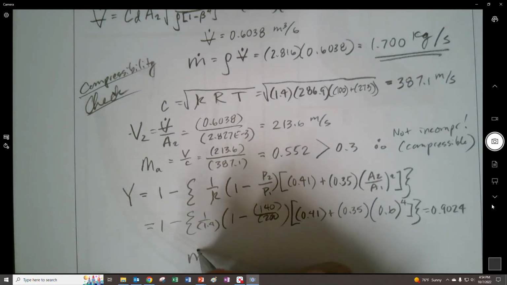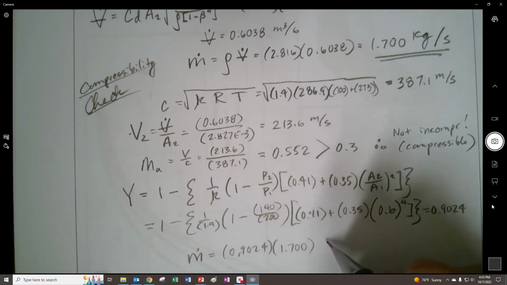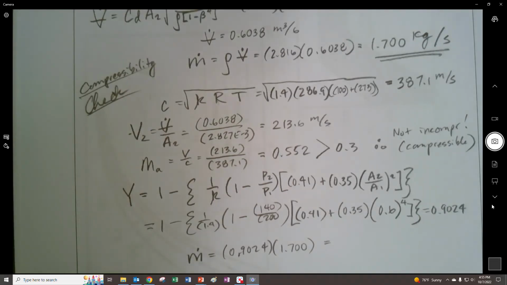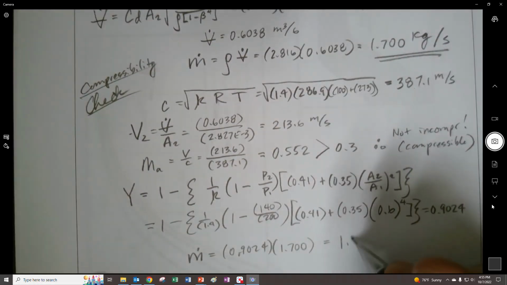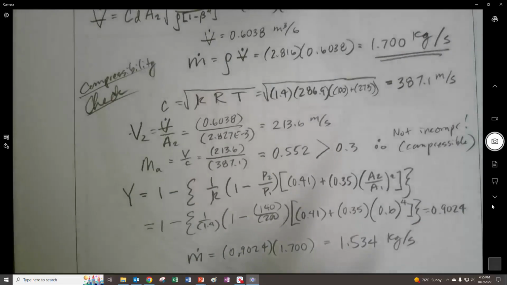So maybe the mass flow would be 0.9024 times the 1.7. So maybe a better prediction of the mass flow would be this, in terms of kilograms per second. But wait a minute, what did I just do right there?